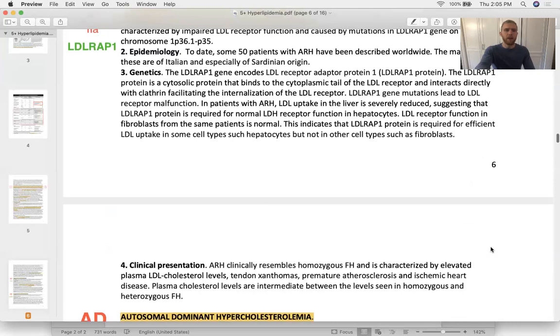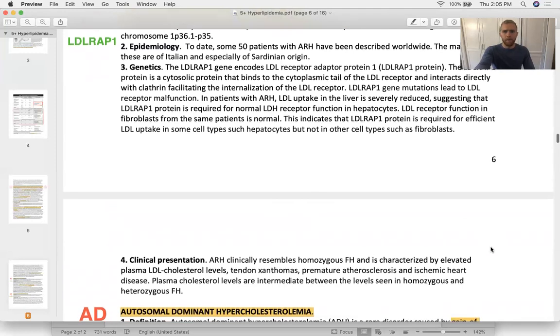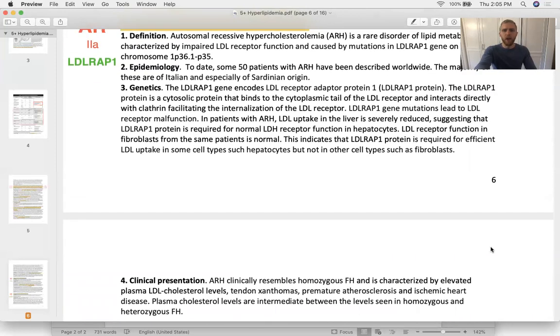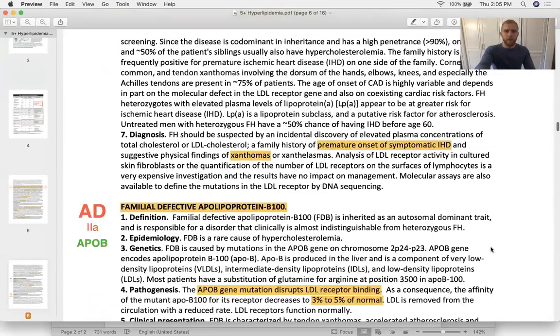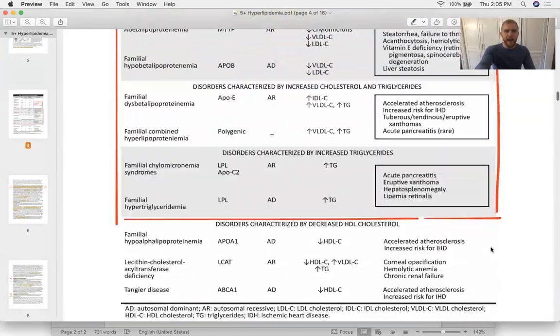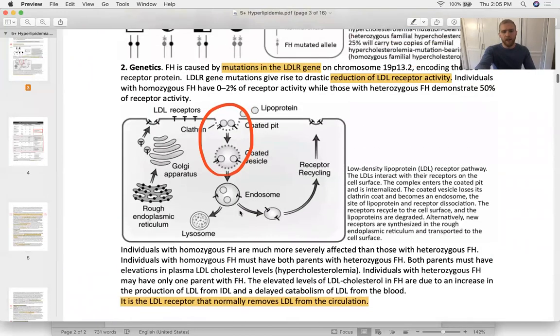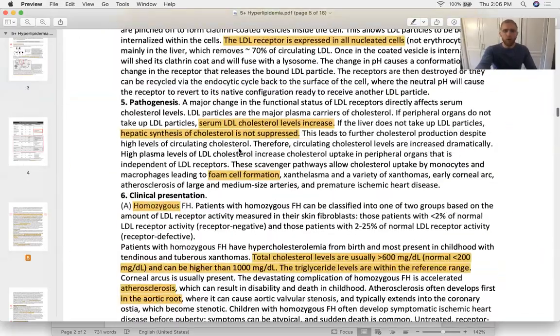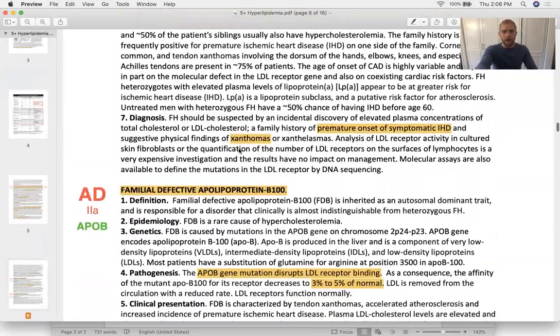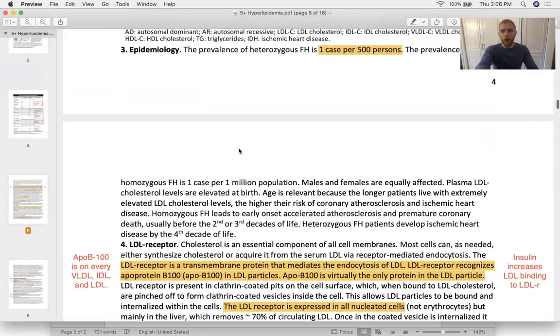It's got a predilection for Italians, and the LDL receptor adapter protein is going to be active at this particular stage of endocytosis whenever the LDL receptor has already bound to an apoprotein and it is in the process of being endocytosed. That clathrin-mediated endocytosis is what goes wrong when there's an LDL receptor adapter protein, LDL-RAP, mutation.